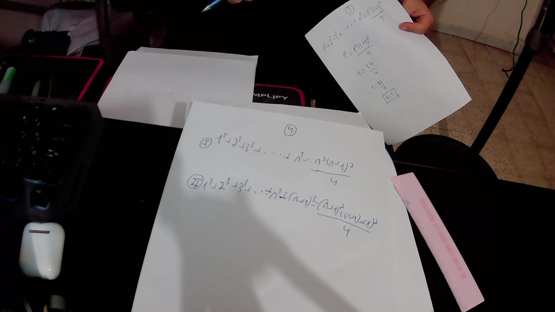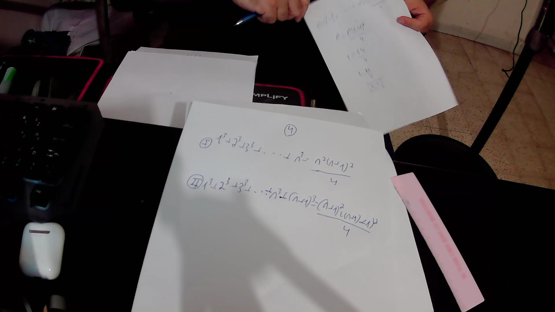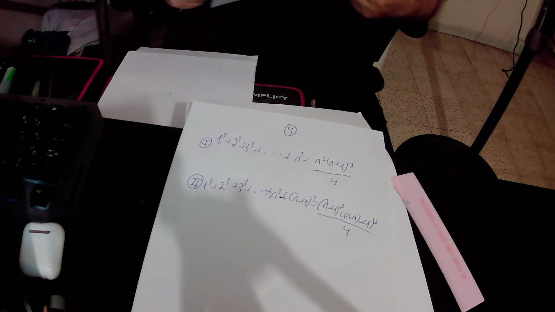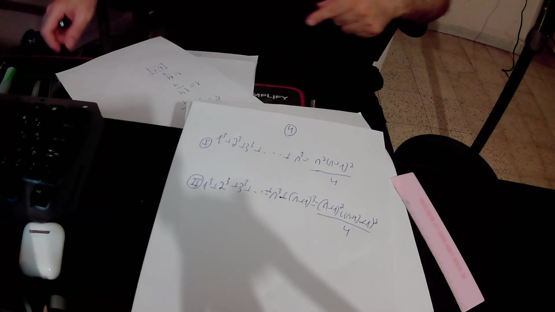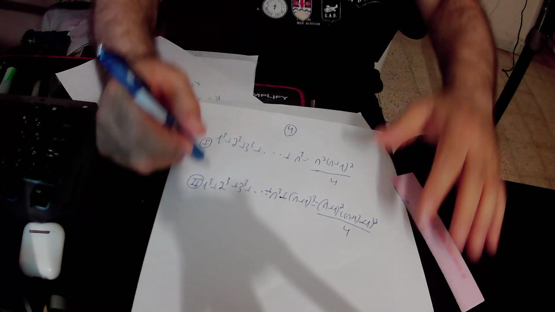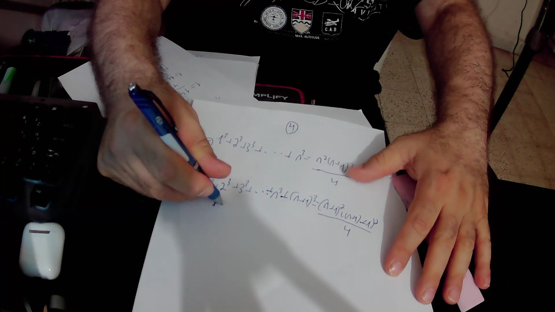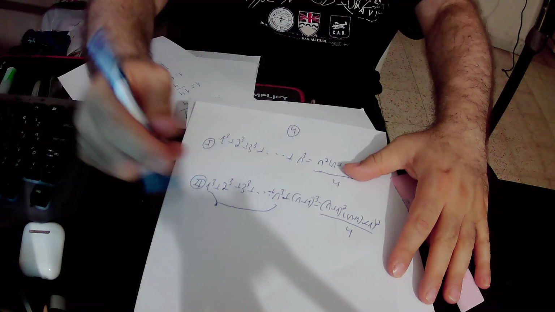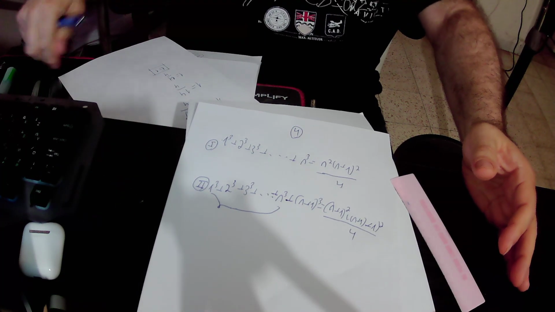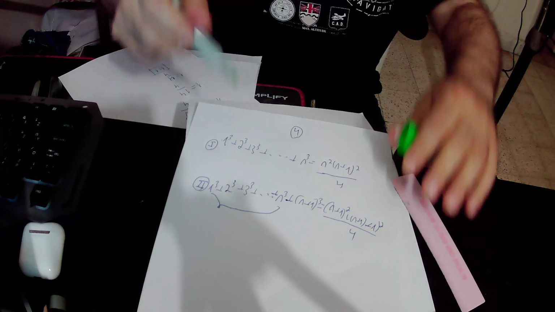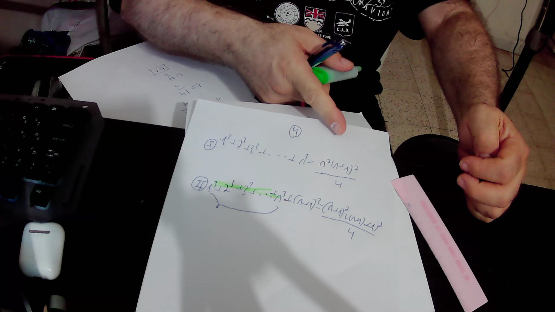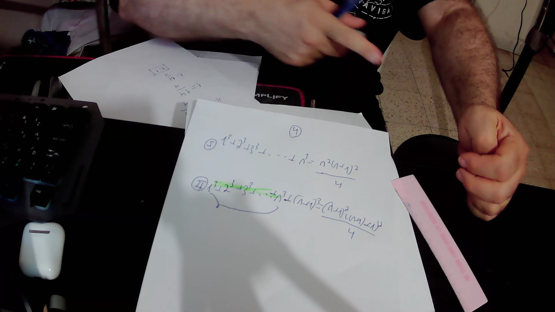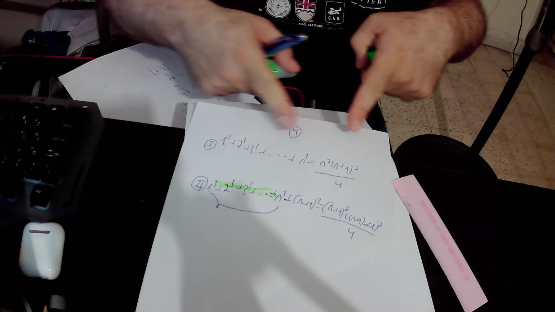Okay, so we will repeat the same process. We will prove the second equation by substituting this expression by n squared times n plus 1 squared divided by 4, because they are equal to each other.